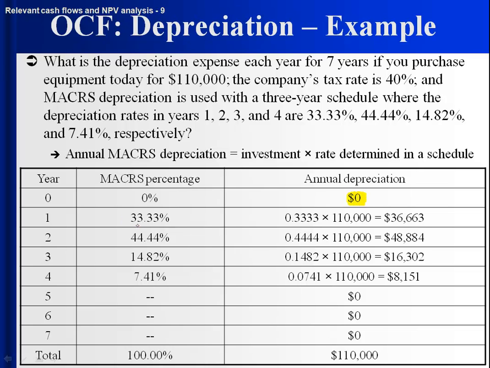Year 1, we have a rate, multiply it by 110,000, and we get 36,663. Year 2 is our biggest. We get to take almost half the depreciation just in that 1 year, 48,884. Year 3 and year 4, do your multiplication, and then notice no rates for 5, 6, and 7 because it's a 3-year schedule, so there are 4 years of depreciation. No depreciation in years 5, 6, and 7.